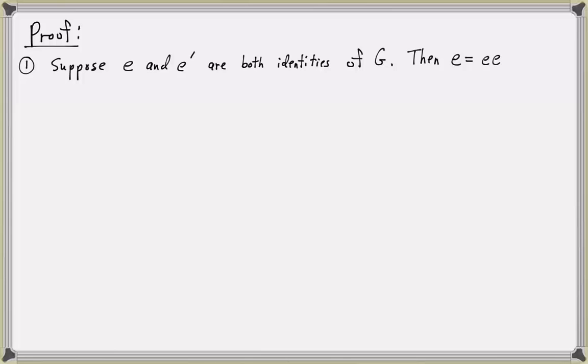First, the proof of statement 1. Let's suppose we have two identities in the set G. So suppose E and E prime are both identities of G. Then E equals E times E prime, by definition of E prime being the identity.